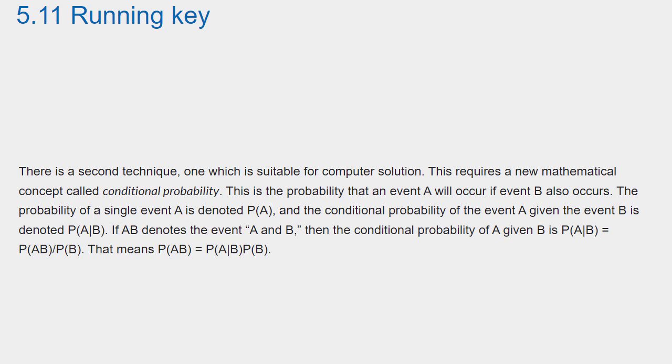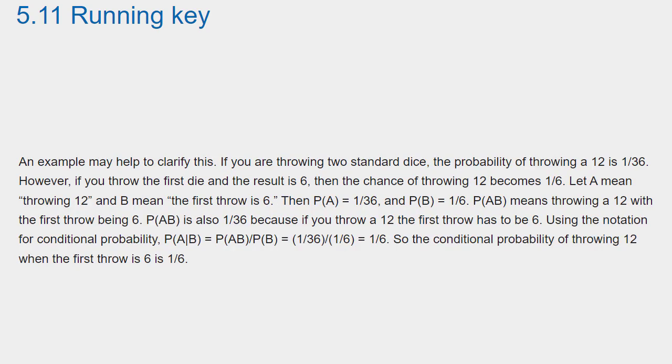If AB denotes the event A and B, then the conditional probability of A given B is P(A|B) = P(A and B) / P(B). That means P(A and B) = P(A|B) times P(B).